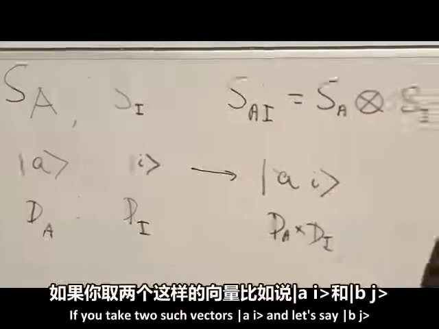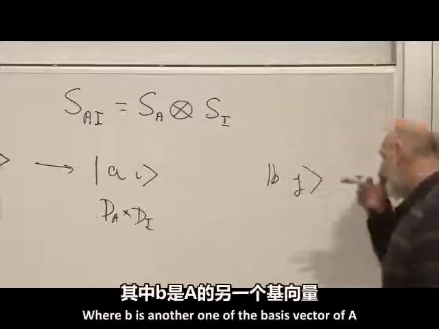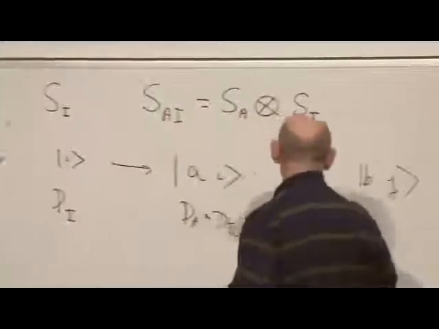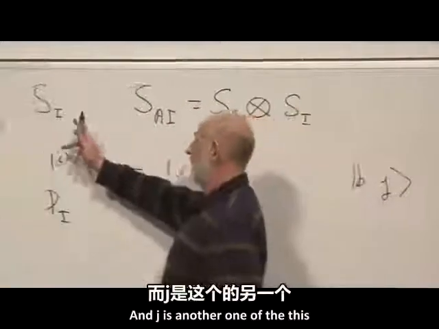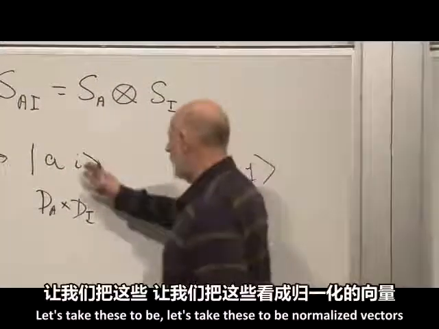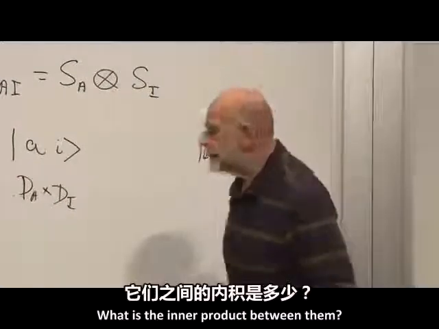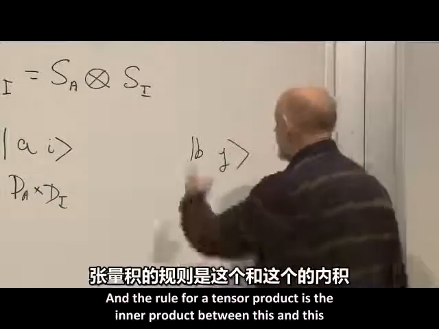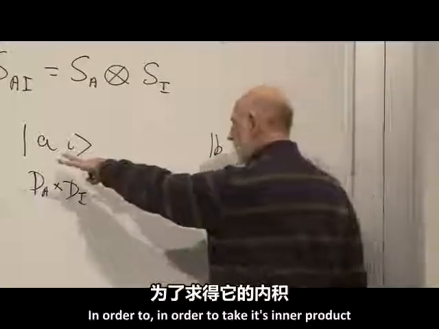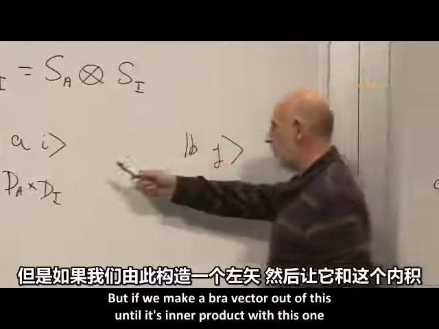Orthonormal in the following sense. If you take two such vectors, AI and let's say BJ, where B is another one of the basis vectors of A, and J is another one of these. Let's take these to be normalized vectors. What is the inner product between them? The rule for a tensor product is that we make a bra vector out of this and take its inner product with this one.